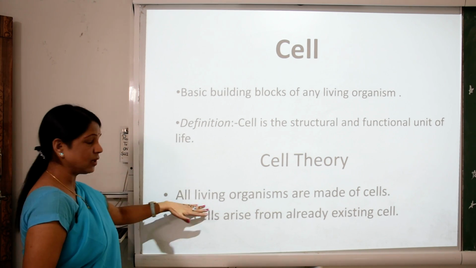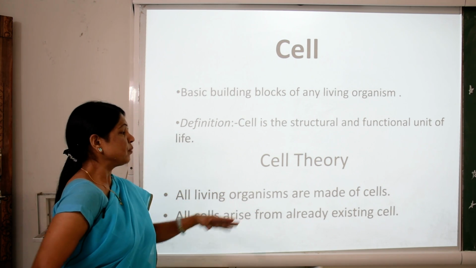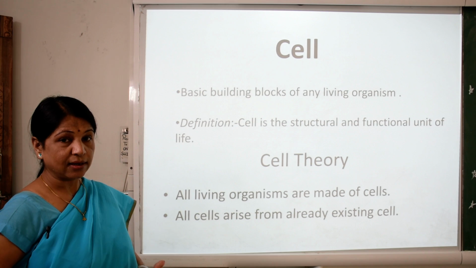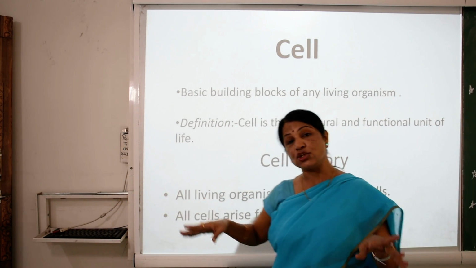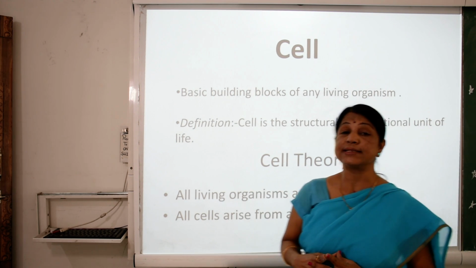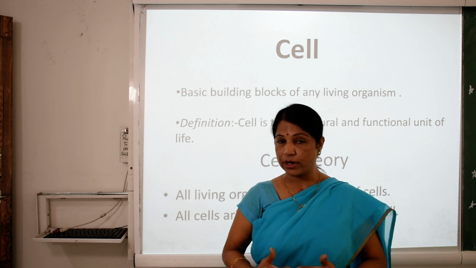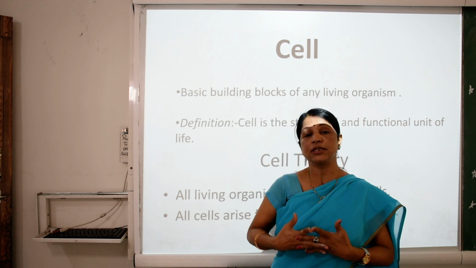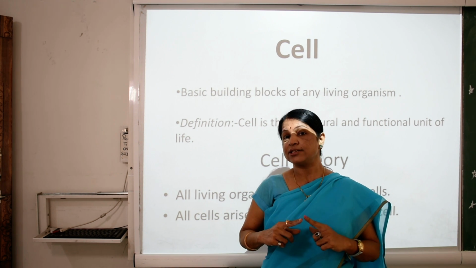Cell theory. What is the theory of the cell? All living organisms are made of cells. Cells make up various tissues, and tissues make up organs that we have in our body, and due to these organs we can respire, and we have the excretory system too.